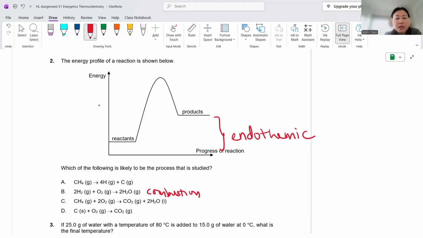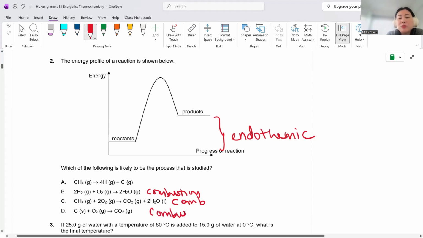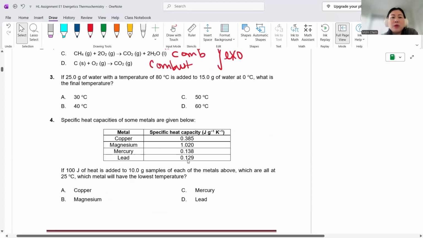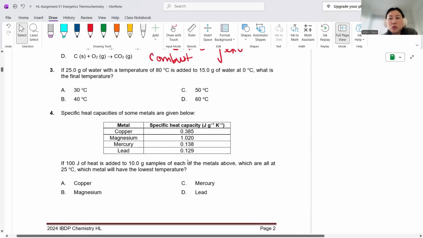So in a way, it's a combustion process. And the fourth one, you are combusting carbon to form carbon dioxide. So it's a combustion process. So combustion nature will be all exothermic, and therefore the answer is A. All right, question 2 done. Now we will move on to question 3.